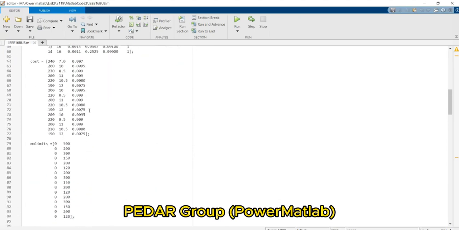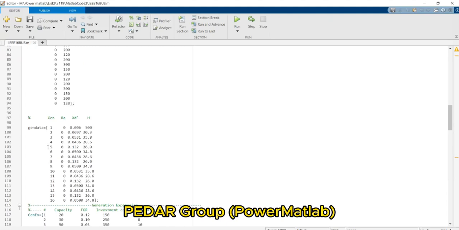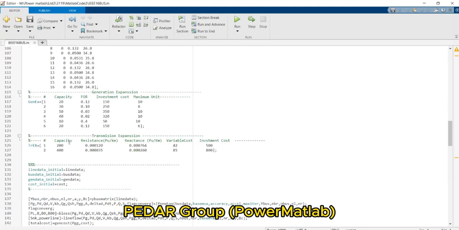Also, you can see different limitations for generation here and the generation data here. Also, you can see the generation and transmission expansion planning.